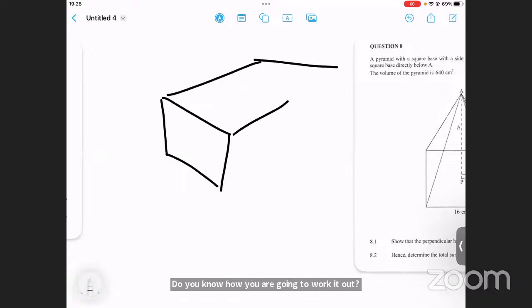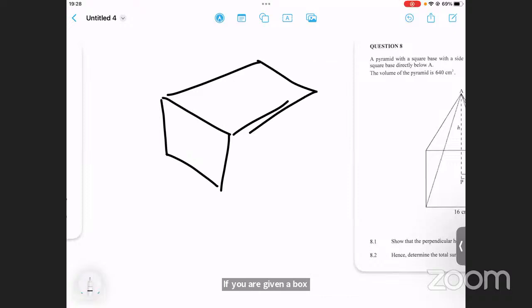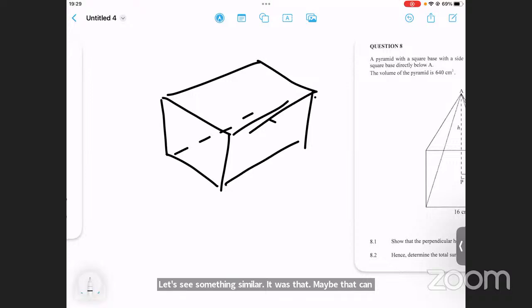If you are given a box, let's say something similar to that. Maybe that can be done, that can be done, and that can be done. If you are given a box and they say calculate, let's say this is a rectangle, we can maybe say that is 4, and that is 6, and maybe that is 3.